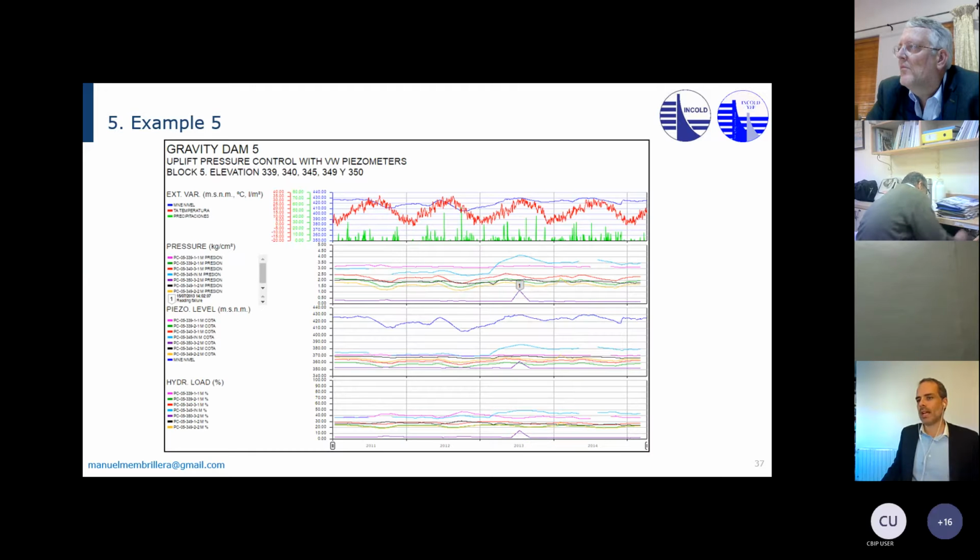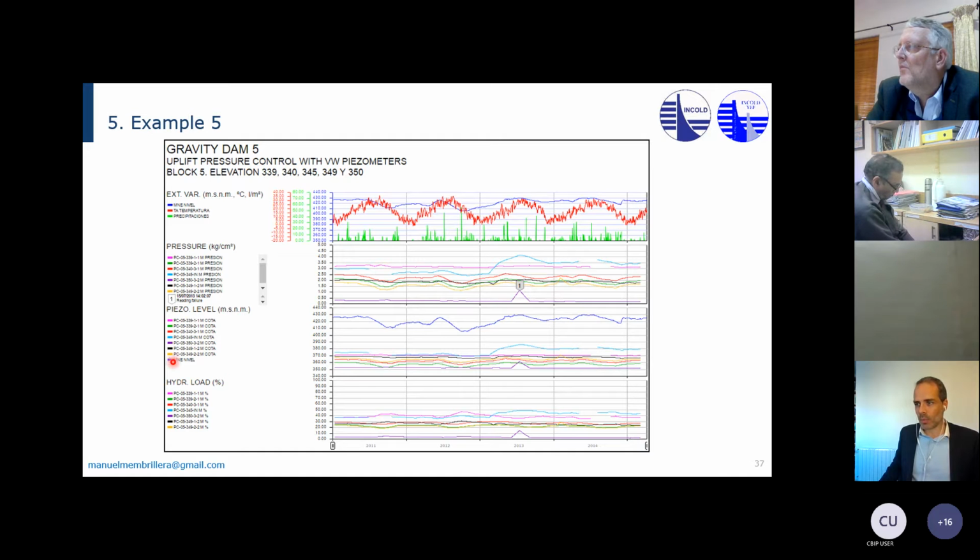So if we have a look at the plots, these are pool levels. This is the annual temperature. So again, summertime, wintertime. These green bars are rainfall. This is the pressure of those piezometers in kilograms per square centimeter. This is the piezometric level, so water column.